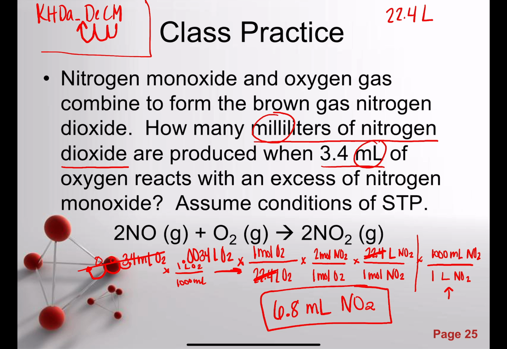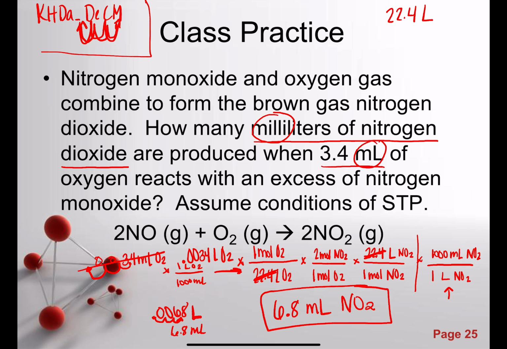Now, had you not multiplied by 1,000 and you just did 0.0034 times 2, you would have got 0.0068 liters. And then you could have gone up here and said, I need to move that 3 decimals to the right, 1, 2, 3 decimals to the right, and then you would have gotten 6.8 milliliters, which is the same.